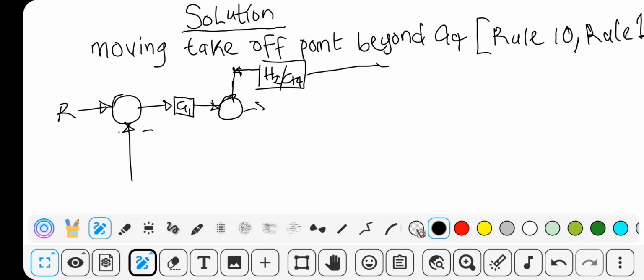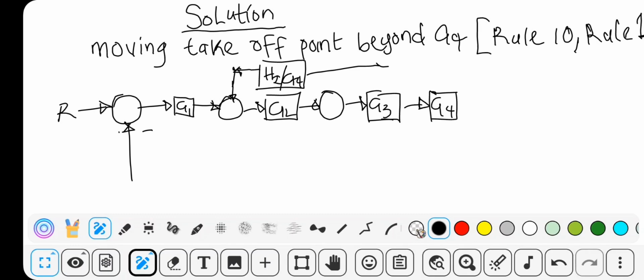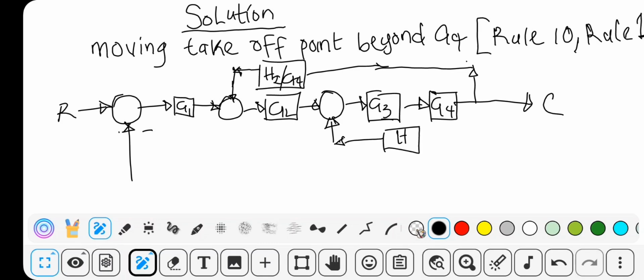So from here, this will be G2, then this is the takeoff point, this is the summing point, and then this is G3, G4, and then this the output. This is H1.